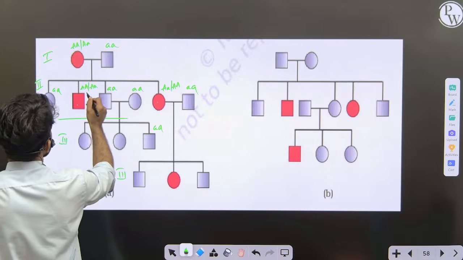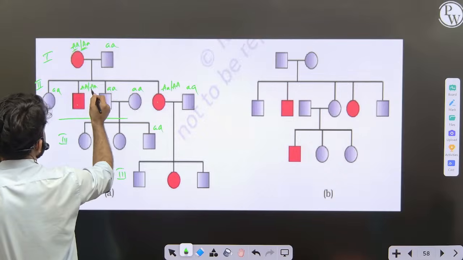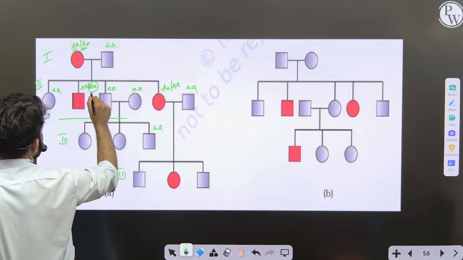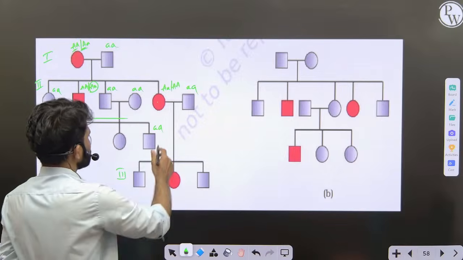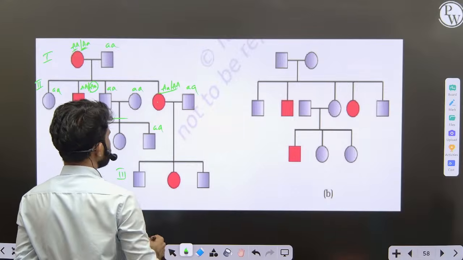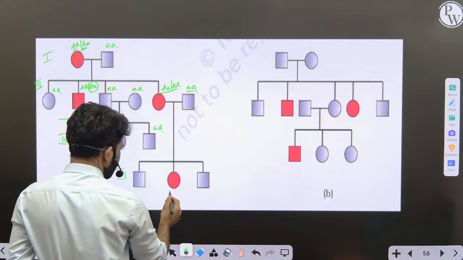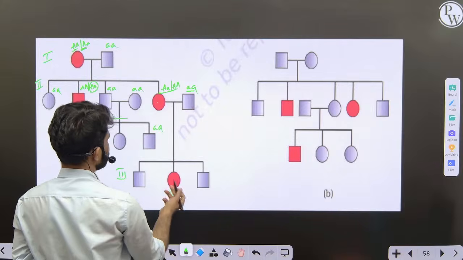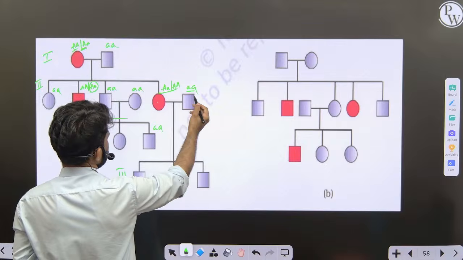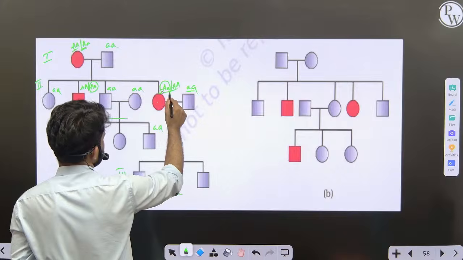So what is the possibility here? Here we have this one or this one. It must have at least one dominant gene. Here it is normal. Here we get a disease female, so at least the male is recessive. So it might be heterozygous.